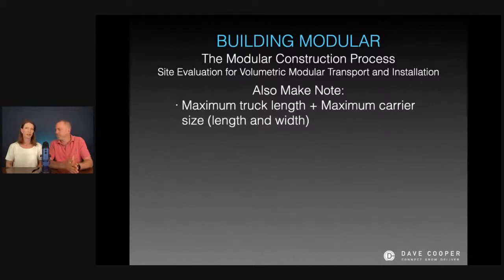Right. So when you're measuring, when you're looking at that volumetric turning radius, you have to think not only how long is my module, but how long is my trailer, the hitch, and the truck. You have to add all of those numbers together. And even with your modules, let's say you determine that you only want 40-foot long modules.